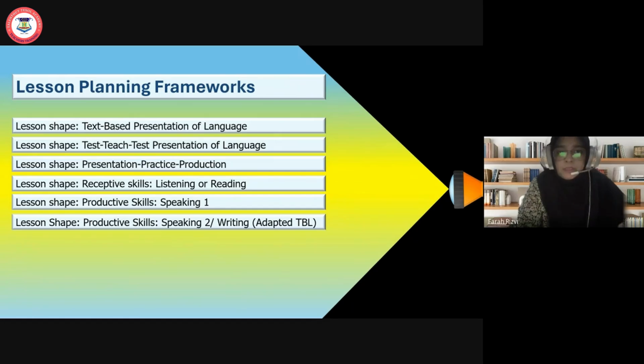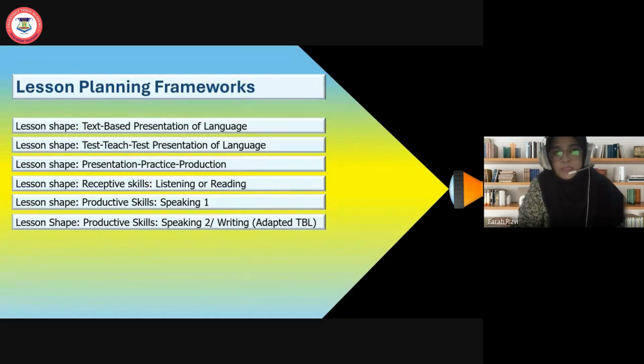Presentation, practice, and production. This is the most common and friendly lesson plan used in ESL environments everywhere, because in the presentation, practice, and production lesson framework, you present the language, then you give practice of that language, like you are offering them two controlled practices.